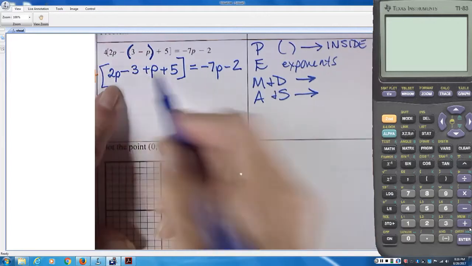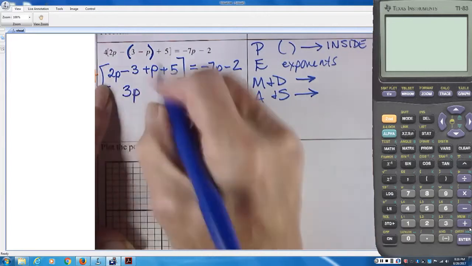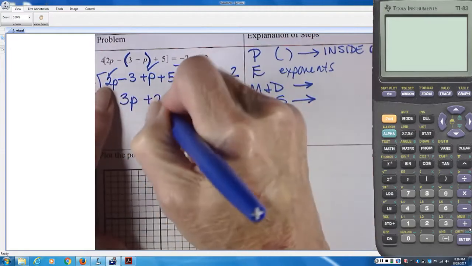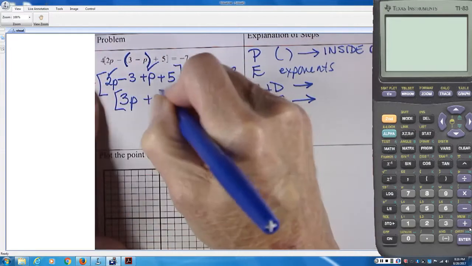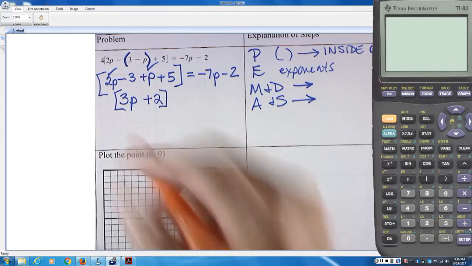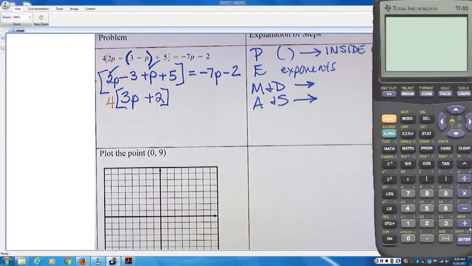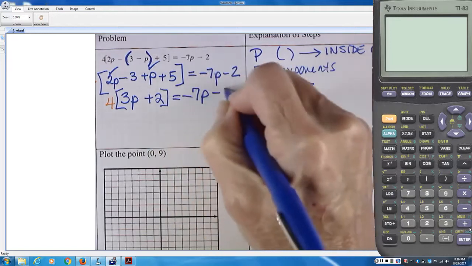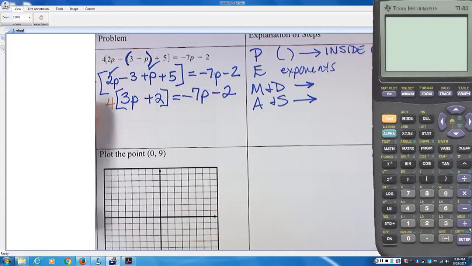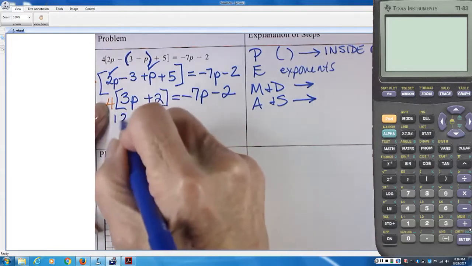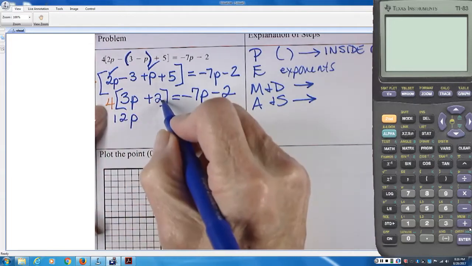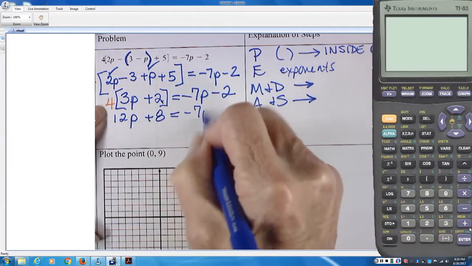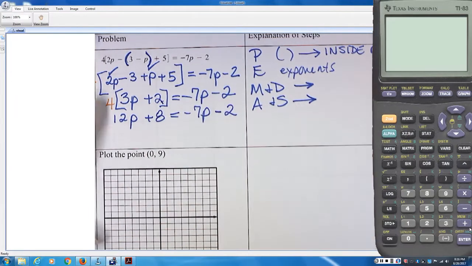So 2p plus p is 3p, and minus 3 plus 5 is plus 2. And I've still got that 4 out there. And that's equal to negative 7p minus 2. So at this point, I multiply 3p times 4, which is 12p, and 2 times 4, which is 8, and it's positive, equals negative 7p minus 2.